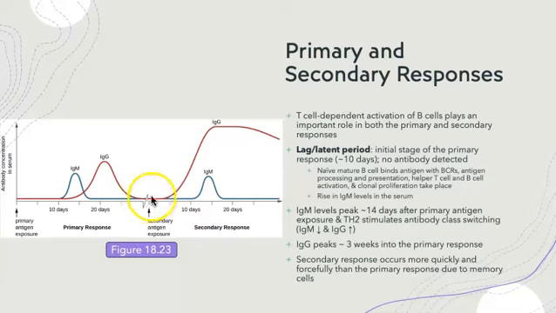When we are exposed to that same antigen or that same pathogen, we get our secondary response. And here we're going to see that we more quickly and forcefully are able to respond due to our memory cells that were created in our primary response. And the other thing to notice here is that within a few days, we are able to rapidly produce lots of IgG.